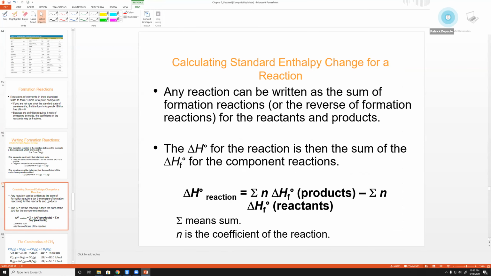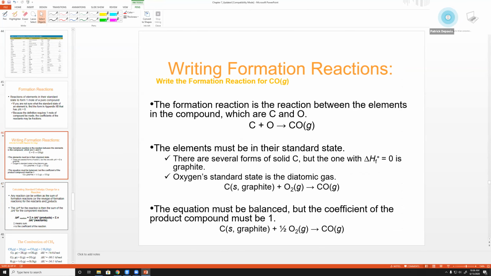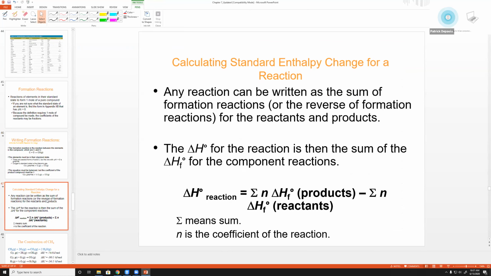Now, these can be used in several ways, and we'll talk about it now. If you know the enthalpy of formation of the products and the reactants, you can use this equation to find the standard enthalpy of the reaction.